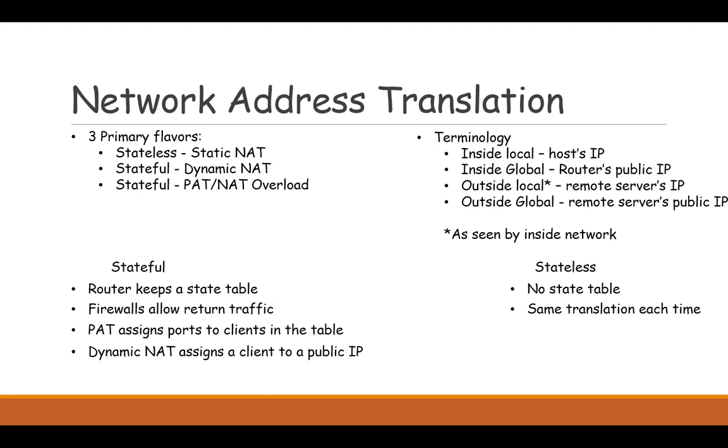And PAT, or NAT overload, is what we commonly use to provide internet access, which maps many inside source IP and port combinations to a single outside IP. I'll get to that a little more in just a moment, and it ends up adjusting the source port on the translated source to keep track of what return traffic goes to which inside host.